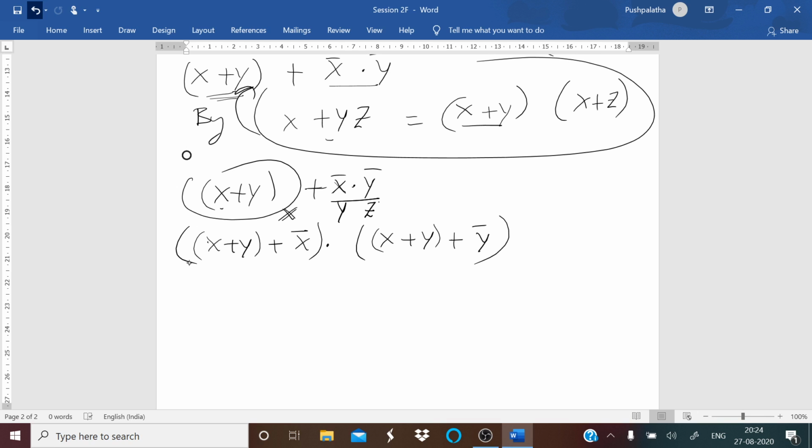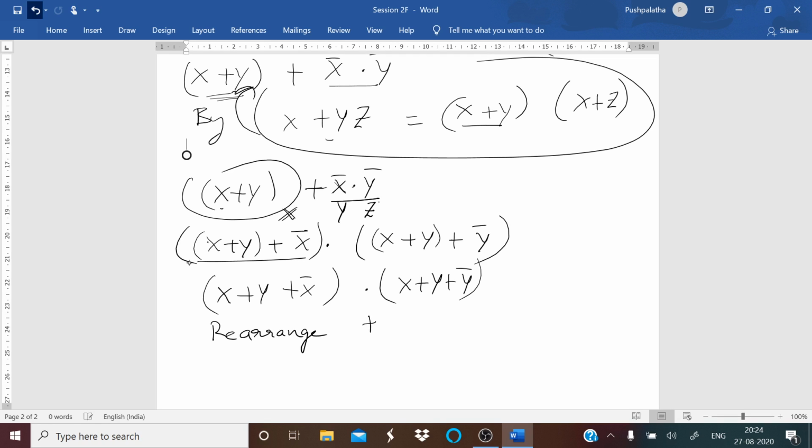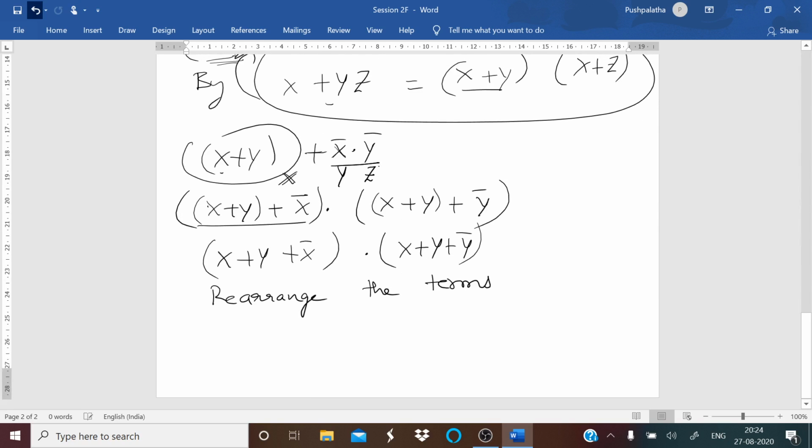So this becomes, if you are rearranging the terms, or if you directly write it in the first step itself removing the brackets, this is x plus y plus x bar the whole term into x plus y plus y bar. You are just removing the brackets. Now let us rearrange the terms.